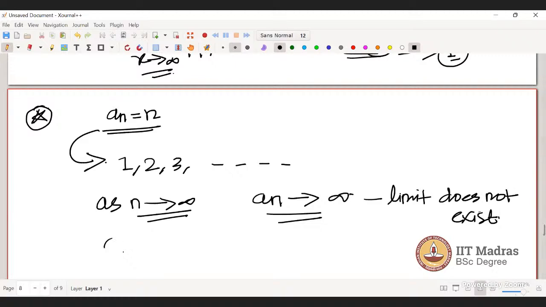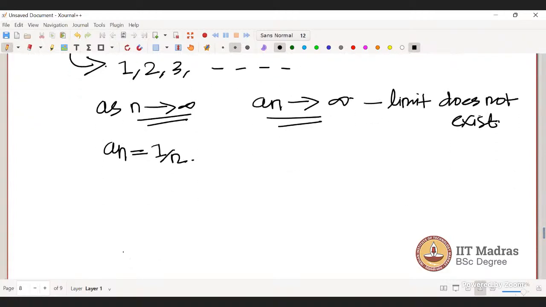What about this one? What is the limit of this one? As n tends to infinity, it tends to 0, sir. Yes. If you see the terms of the sequence, you are getting first 1, 1 by 2, 1 by 3, 1 by 4, and so on.